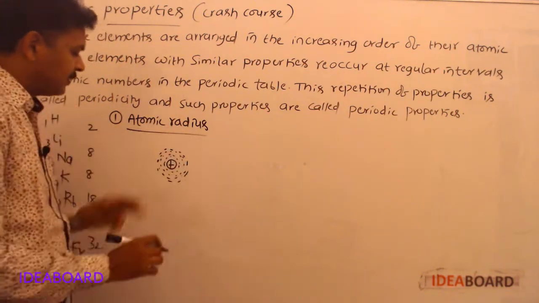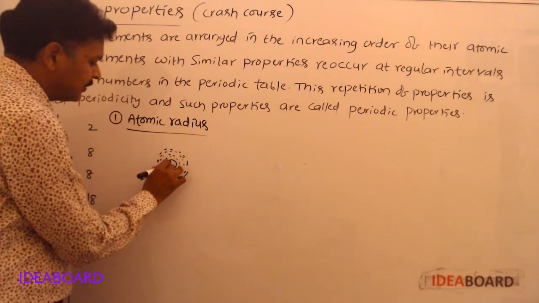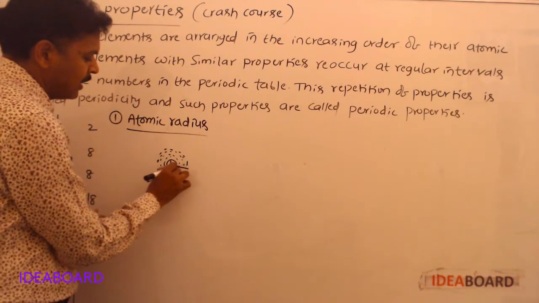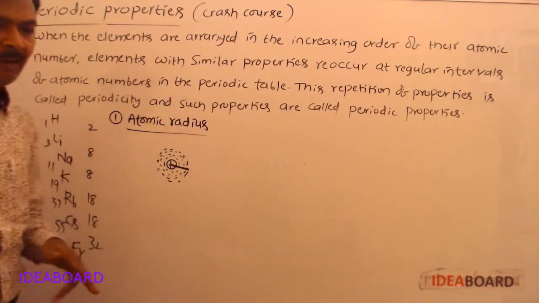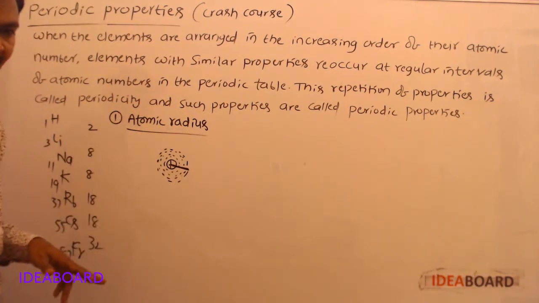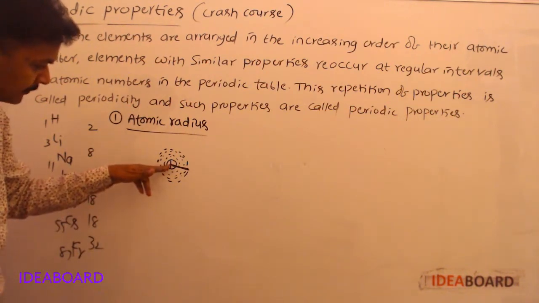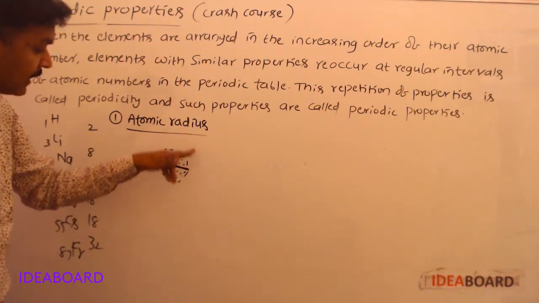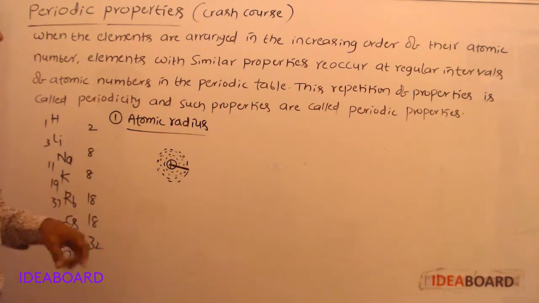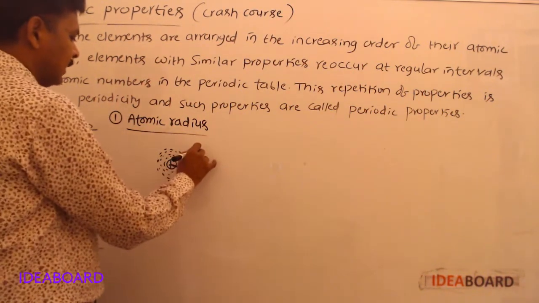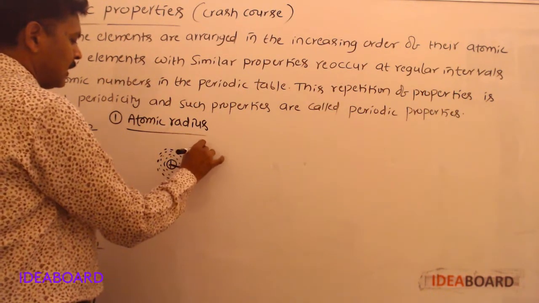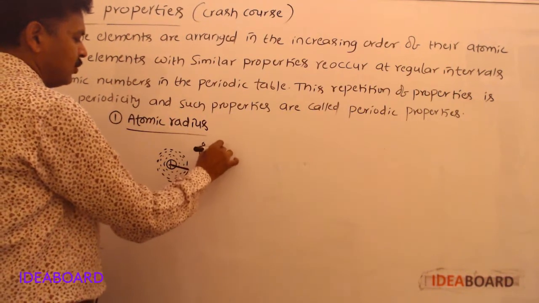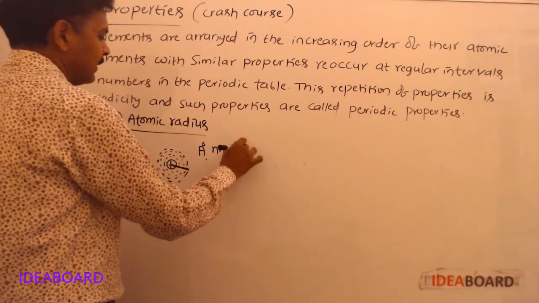So atomic radius can be defined as the distance between the center of the nucleus and the electron cloud of valency orbit is called atomic radius. This atomic radius is expressed in angstroms, nanometers or picometers.